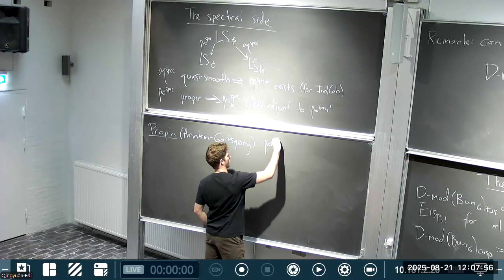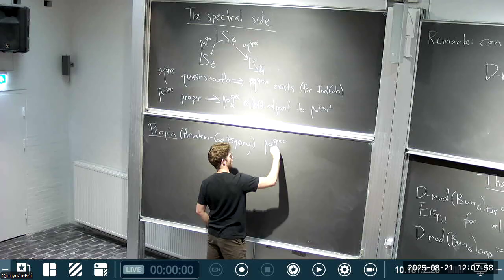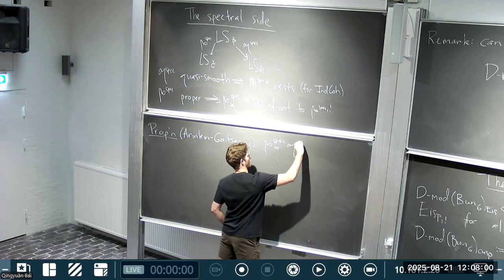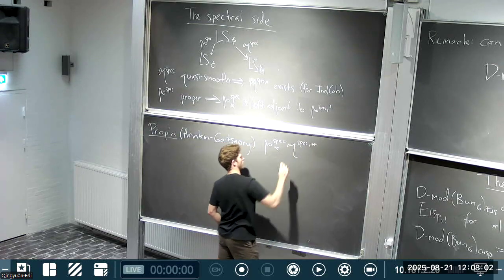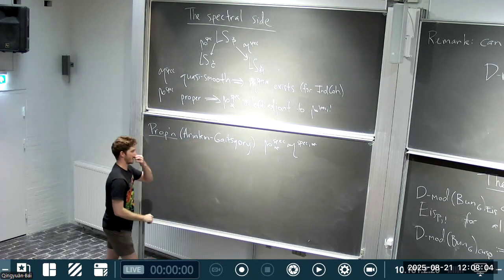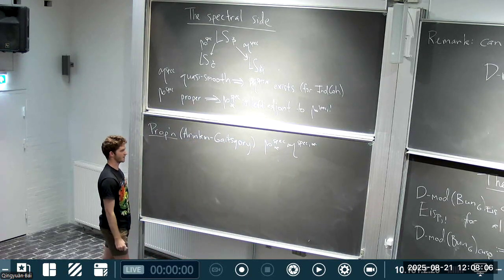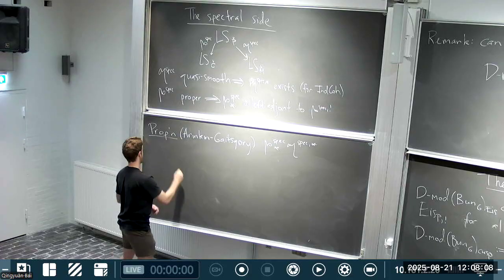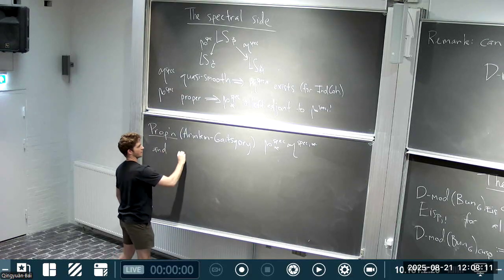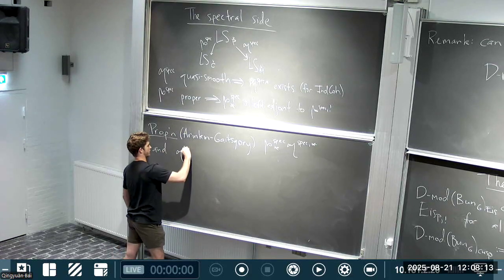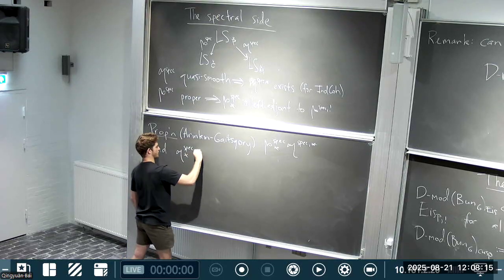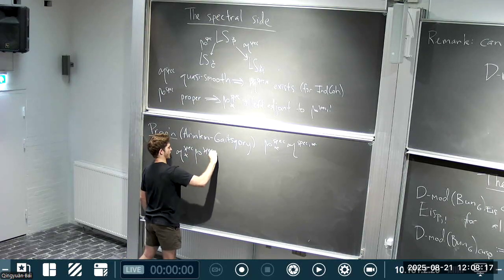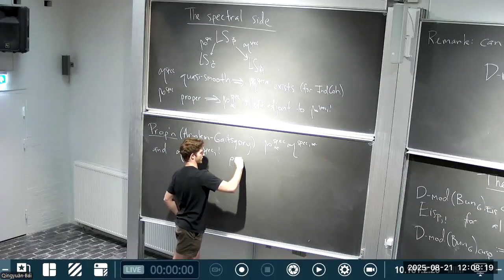So this is what we want to be our spectral Eisenstein series functor, and our spectral constant term functor would be something like this. And the claim is that both of these preserve nilpotent singular support.